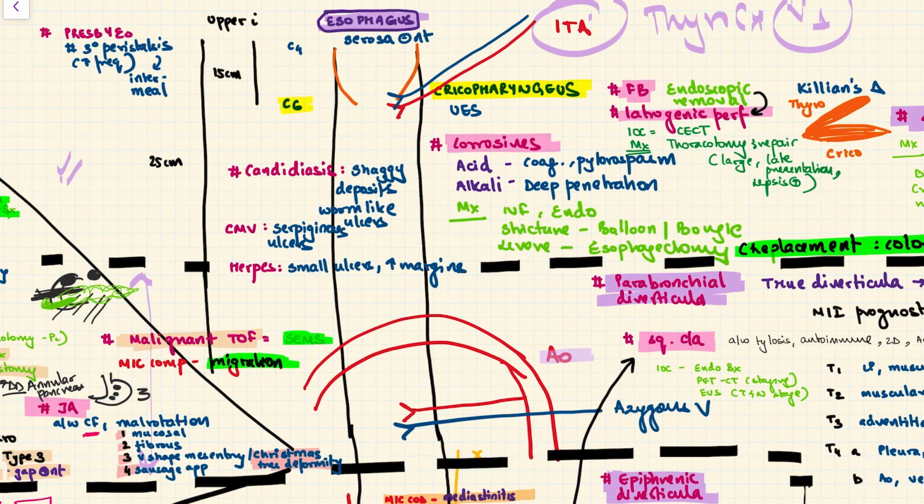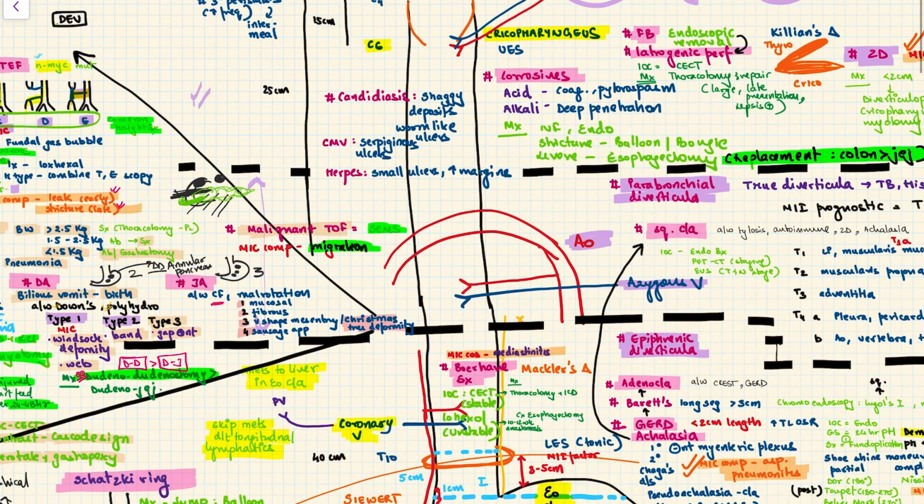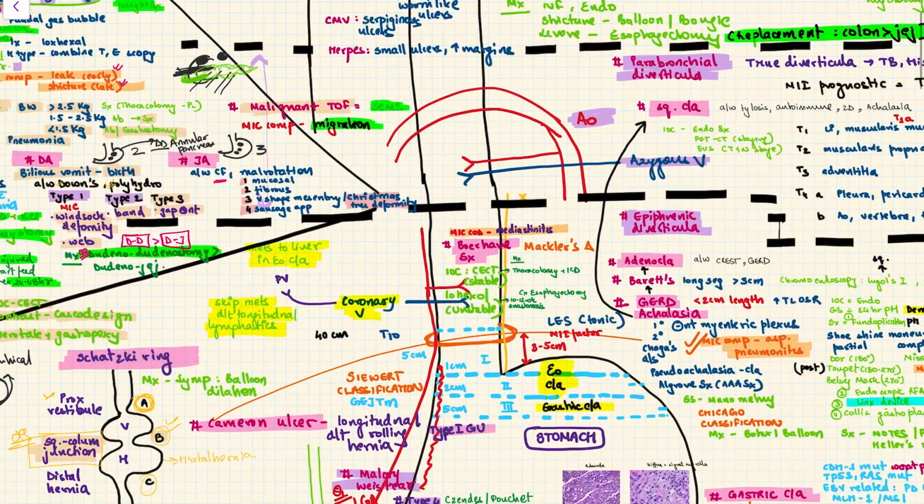Then the mid esophagus is supplied by aorta and azygous vein, while if we talk about distal one third of esophagus, it is supplied by the branch of left gastric artery, and the vein is coronary vein, which drains into portal vein, right?